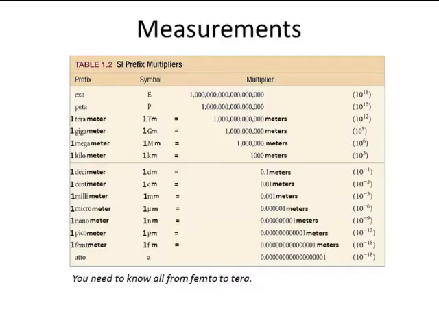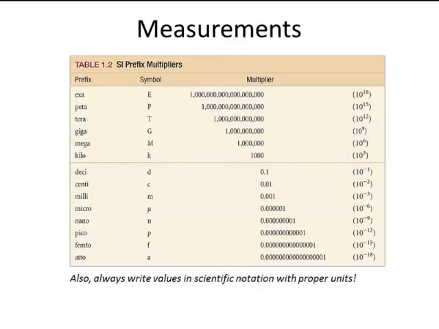Now, I'm just using meter as an example here. We can use grams, we can use liters, we can use a lot of different other units in place of this. Now, the other thing we always want to be doing is writing our values in proper scientific notation.